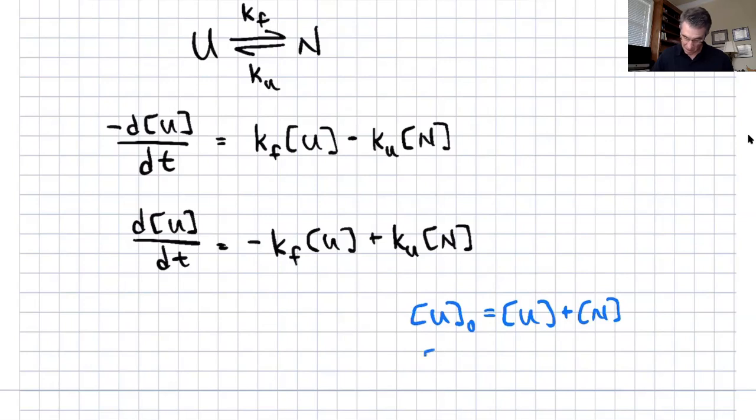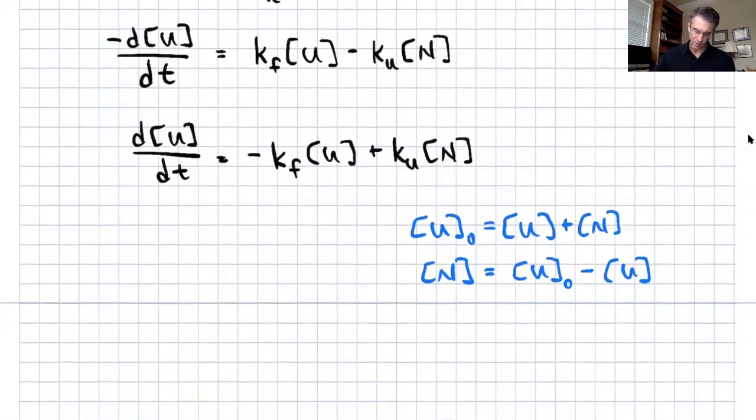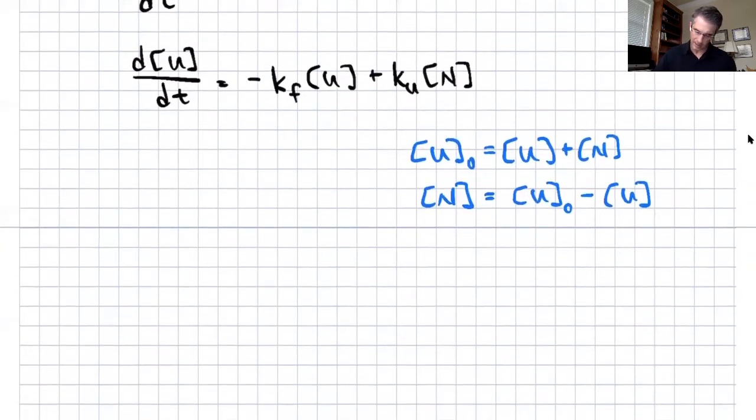Which means concentration of N at any given time has got to simply be equal to the total amount of protein we started with, U sub 0, minus concentration of U at any given time. Well, that's cool, because I can substitute that in here to get an expression that's now all in a single variable, right?